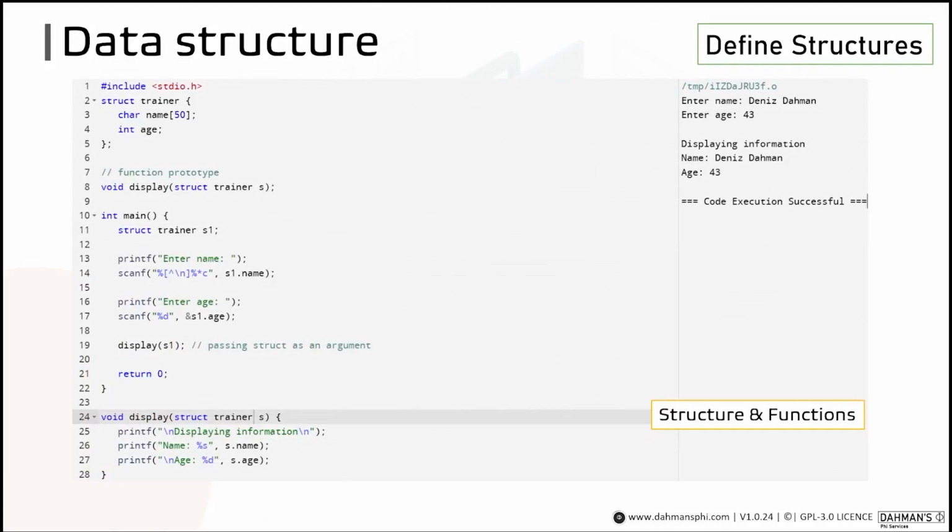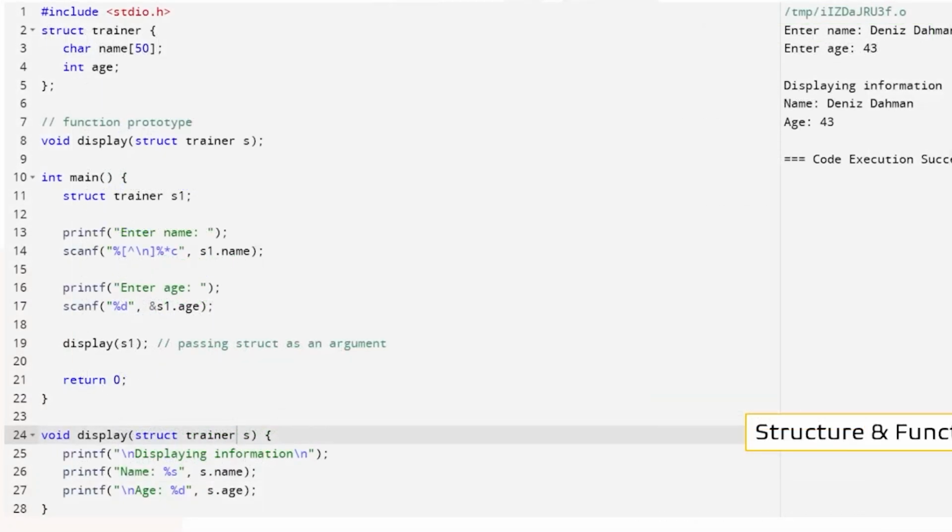Now, the next subject is about structures and functions. So let's look at how we can pass a struct to a function. First we define a struct called trainer that contains 2 variables, a name array and an integer type. And then we declare a prototype called display function that expects an argument of data type trainer, that is a struct, and we assign a value called s to it for now.